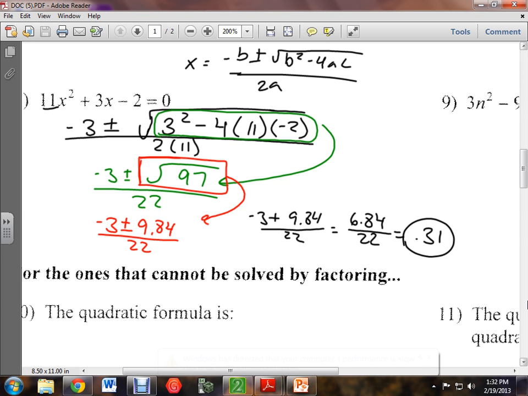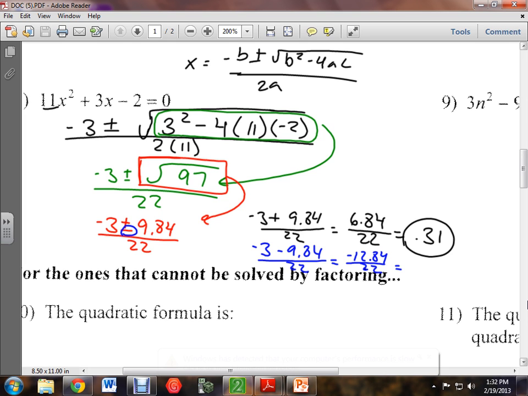How do I find the second answer? I just did the plus version. What do I have to do now? Not the plus, but the minus. Negative 3 minus 9.84 over 22. Negative 3 minus 9.84 is negative 12.84 divided by 22. That's going to be around negative 0.5, maybe 0.6.